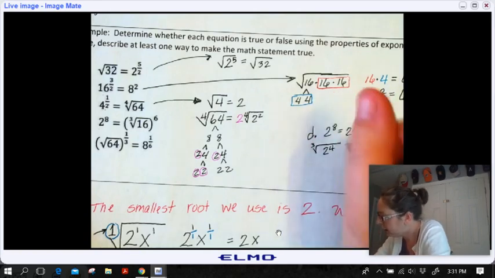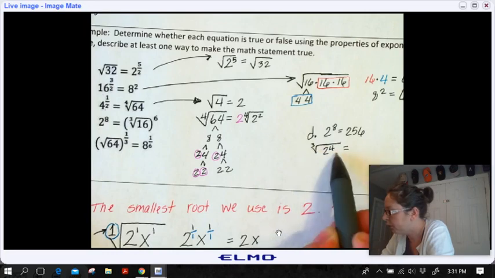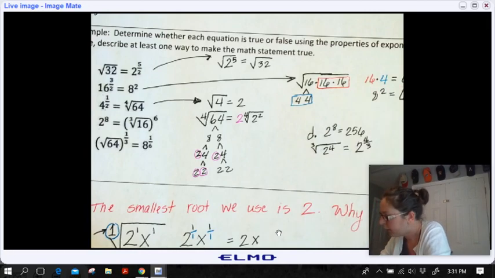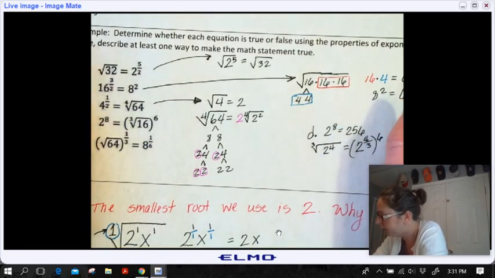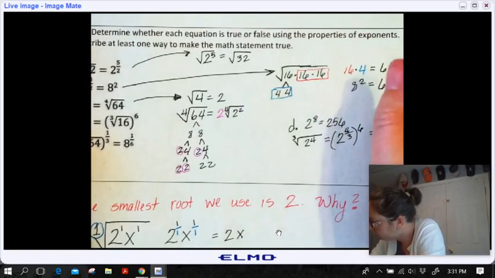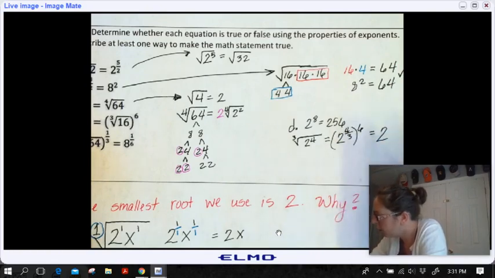All right, let's convert this. So the 4 over 3, 2 to the 4 thirds. And then I need to raise this to the 6th power. So let's do 2. 4 times 6 is 24.